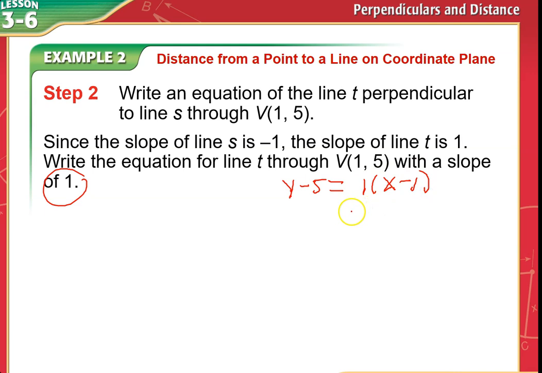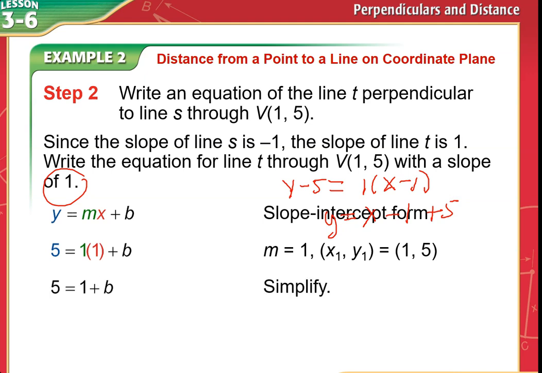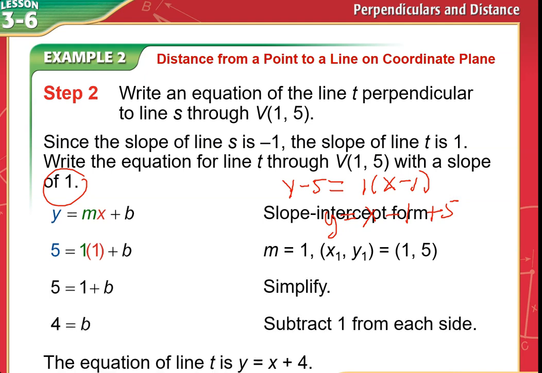We distribute and get x minus 1, then bring over our plus 5. We end up with our line, which we're calling t, equal to y equals x plus 4.